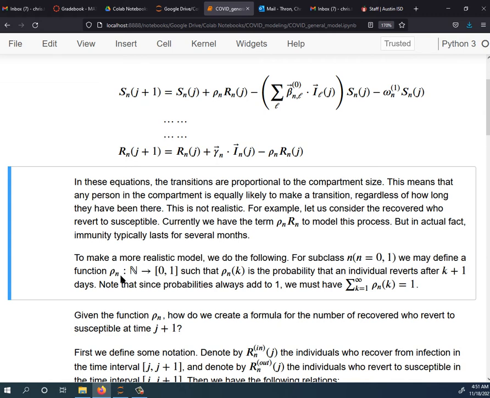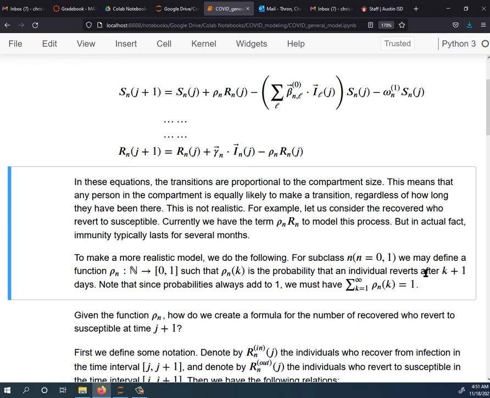Before, rho n was a number, a coefficient. Now we make rho n a function from the natural numbers 0, 1, 2, 3, 4, 5, 6 to the interval 0 to 1, such that rho n of k is the probability that an individual reverts after k plus 1 days.